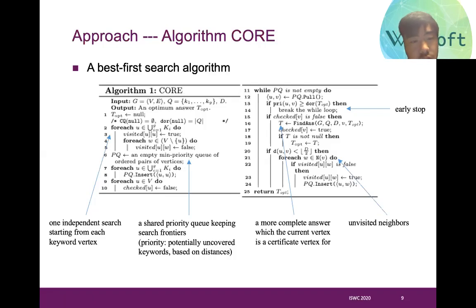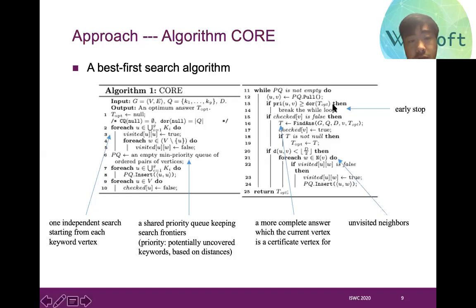But the idea is that we do best first search. So because it's best first search, we do many iterations, and in each iteration, we will check the top ranked vertex in the priority queue, I mean the min priority vertex.